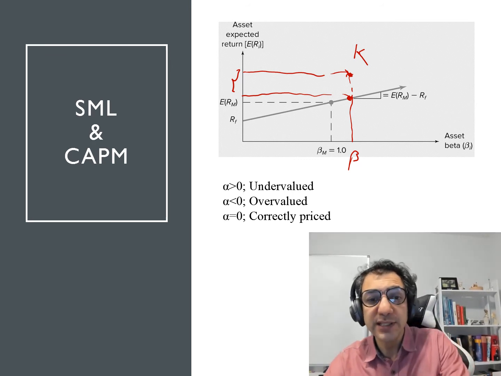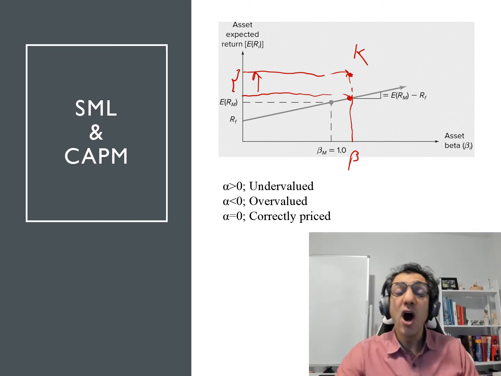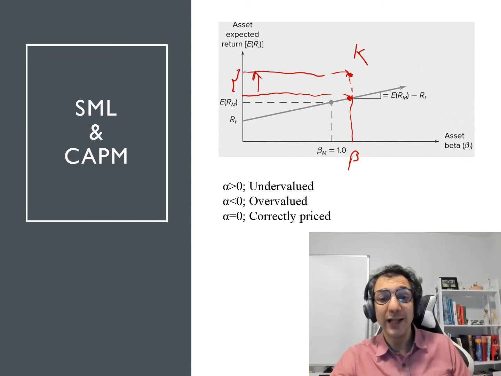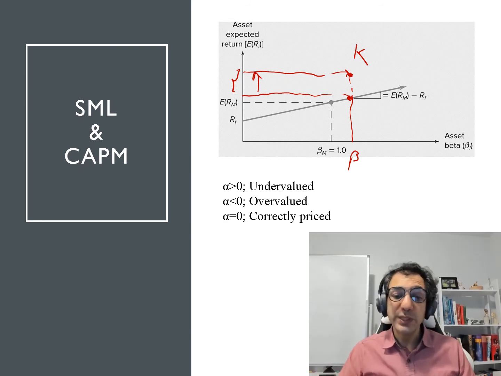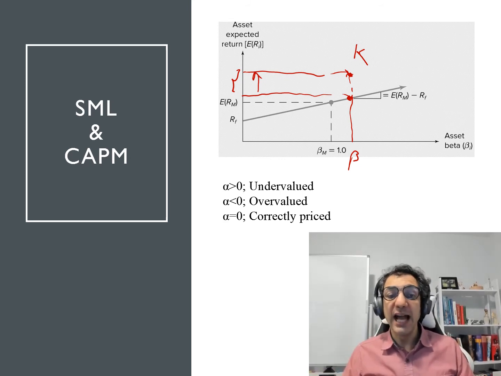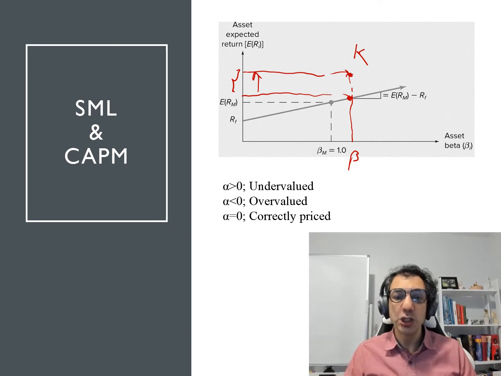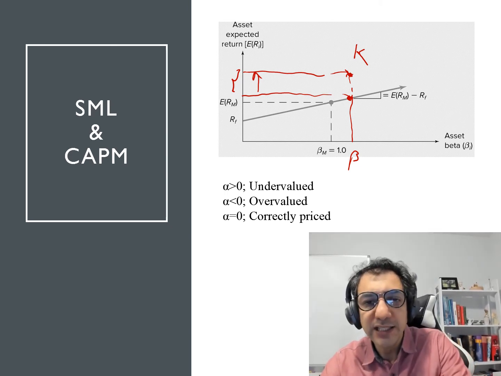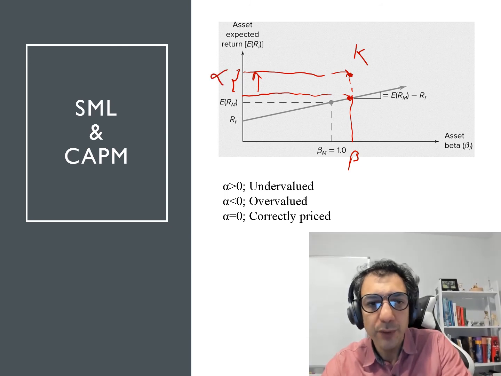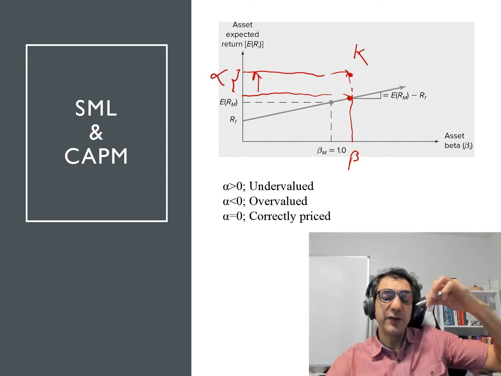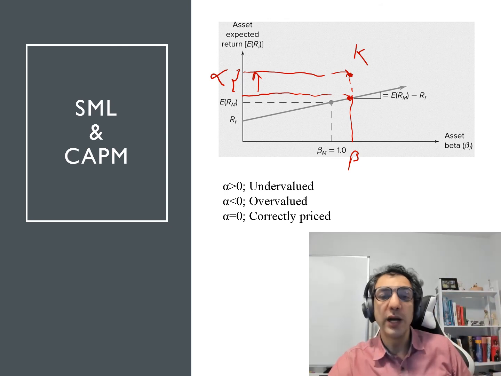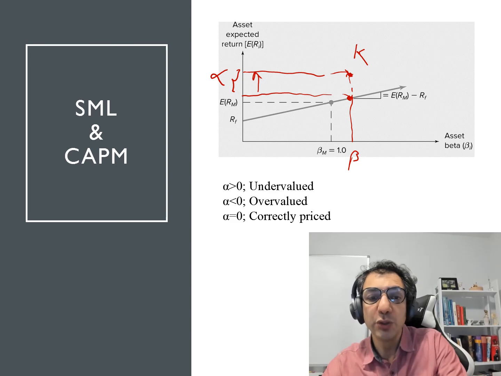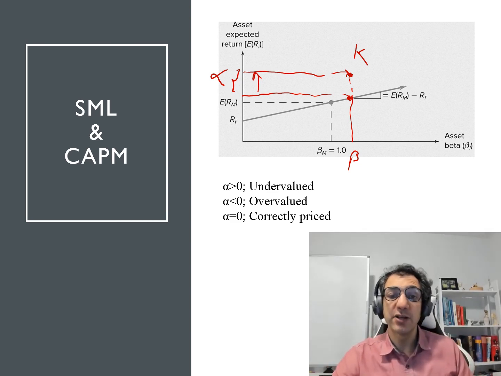In this case, we say that stock K is undervalued because it provides a higher expected return than the risk. Or in other words, we say stock K has alpha greater than 0. What is alpha? Alpha is the difference between what CAPM is estimating for the expected return and what you actually expect to receive. So the gap here, that's alpha. For our case, stock K has a positive alpha, so it is undervalued.